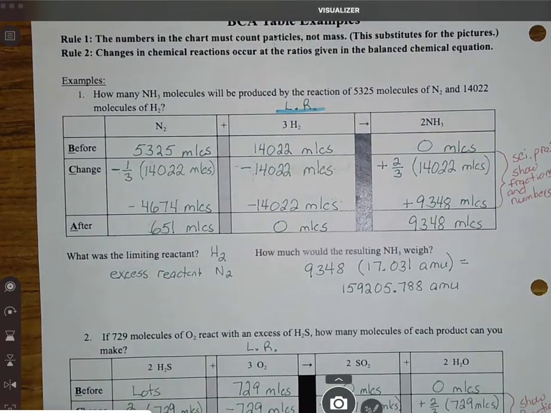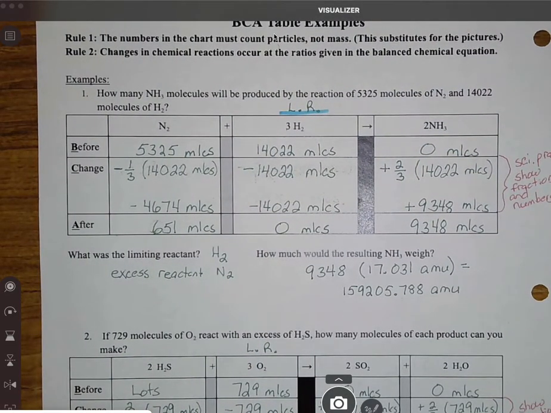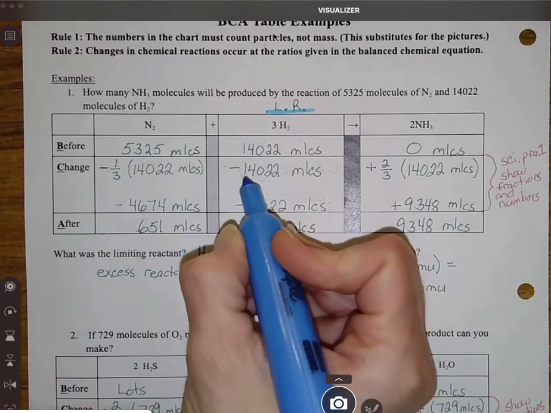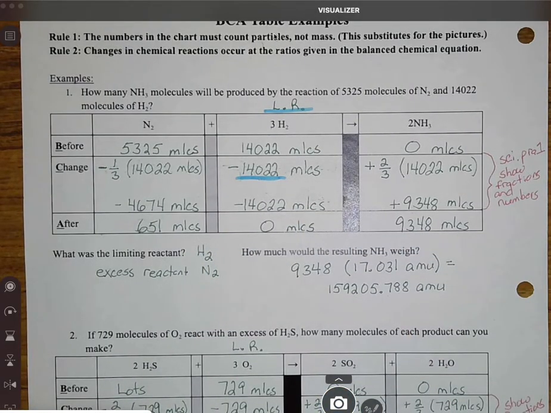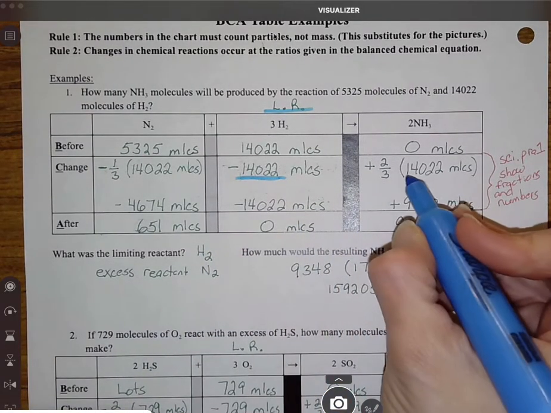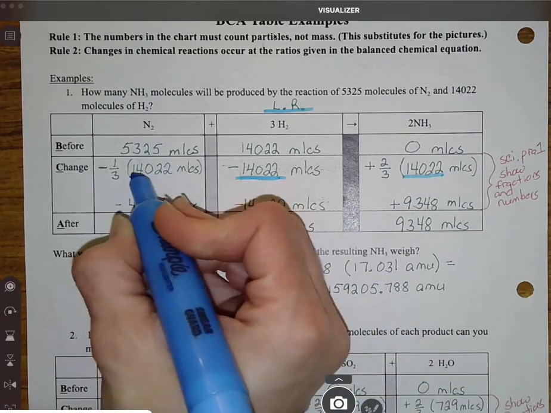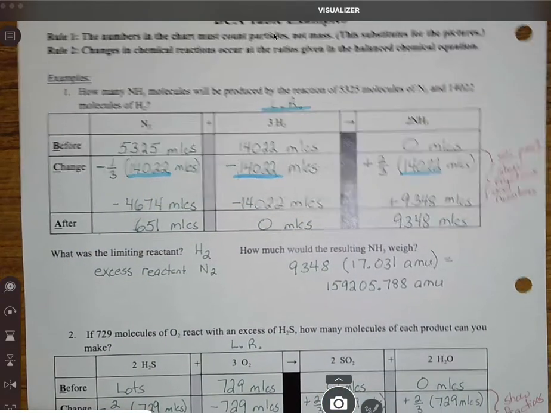So, some important ideas. Important idea number 1 is the limiting reactant idea. The limiting reactant has control of the process. That's why in the change row, this 14,022 that went with the limiting reactant appears in every single box.